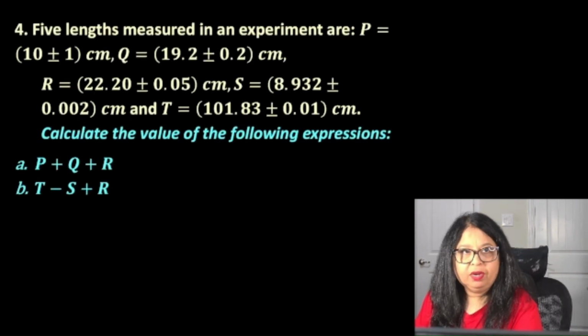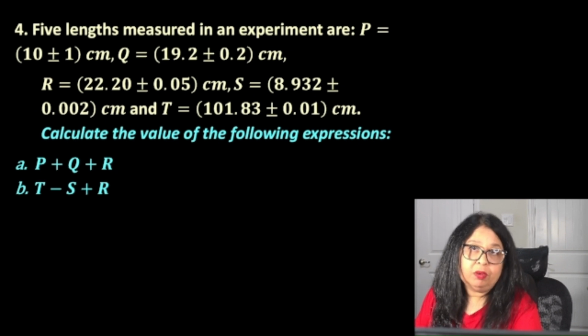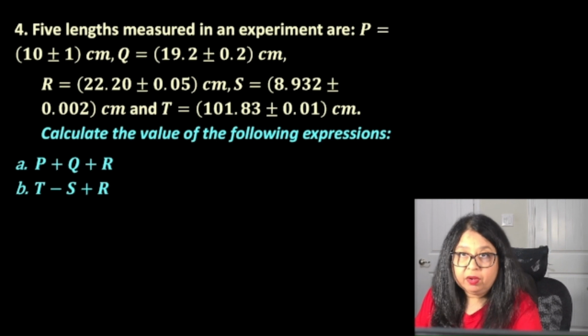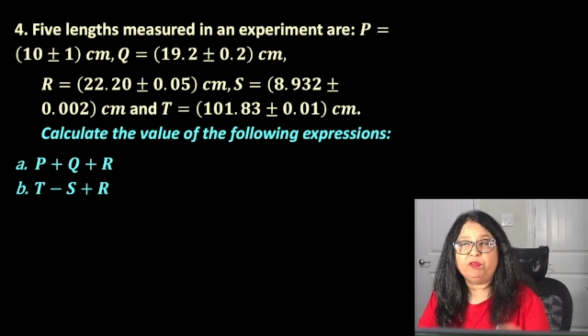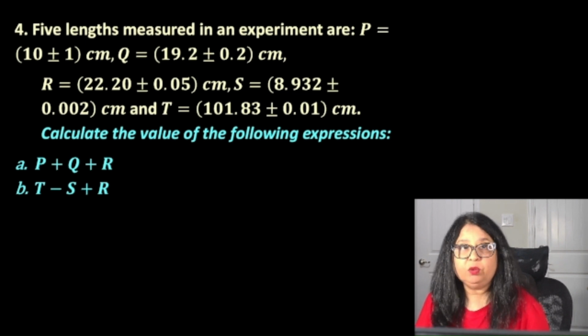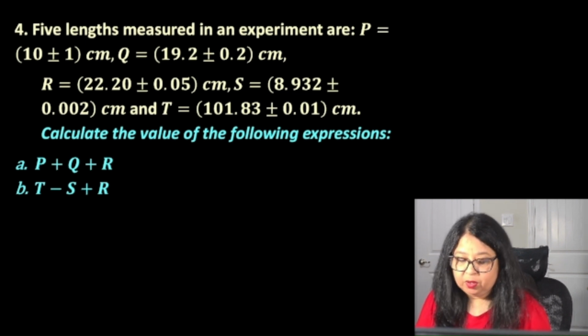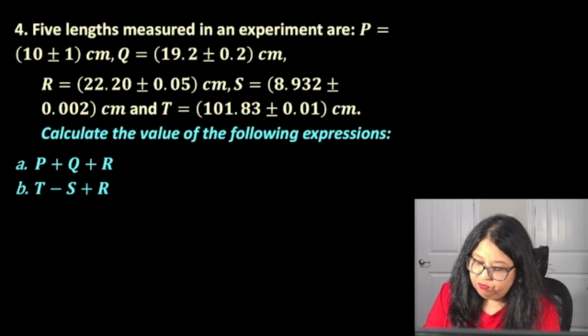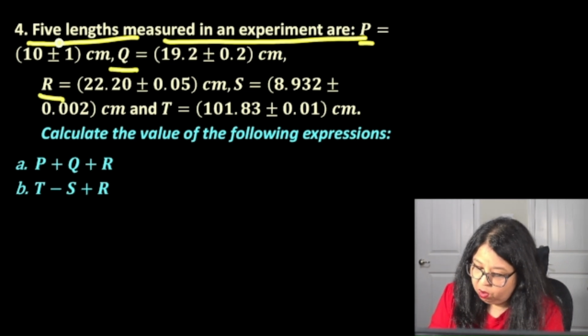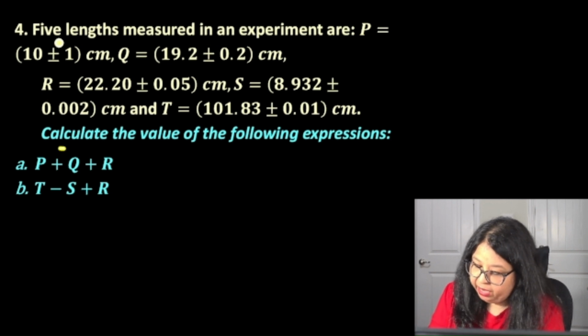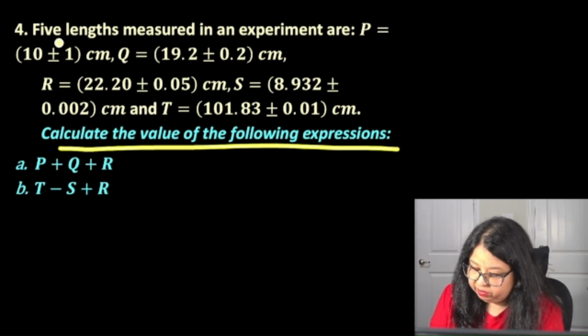Problem number 4 is kind of a twin problem of problem number 3. So we have learned the easy way of doing it now, and that's how we're going to solve this problem. Let's see what we are given in this problem. We're told that 5 lengths measured in an experiment are P, Q, R, S, and T. Calculate the value of the following expressions.